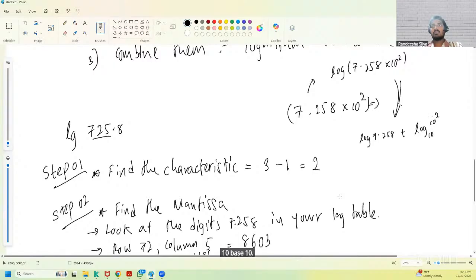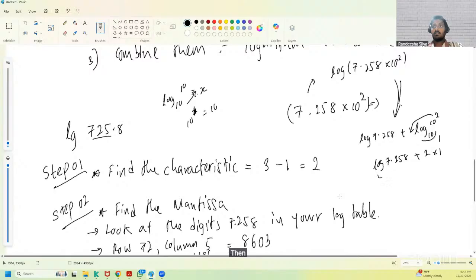The 2 can be brought to the front, so log 7.258 plus 2 log 10 base 10. If log 10 base 10 is x, then in indices 10 to the x is 10, so x is 1. The answer is 1 for this.